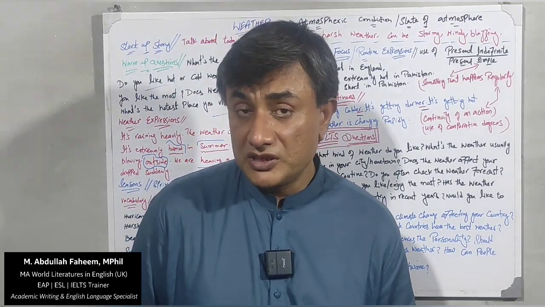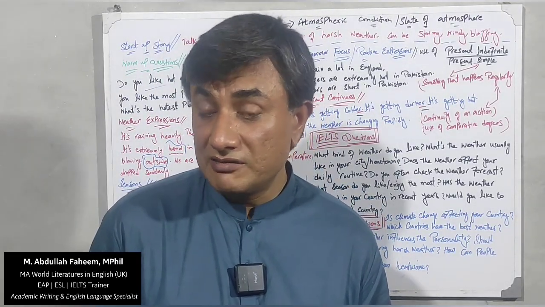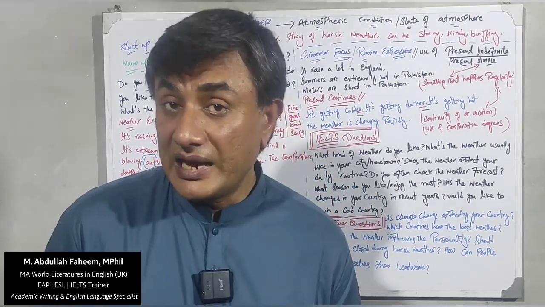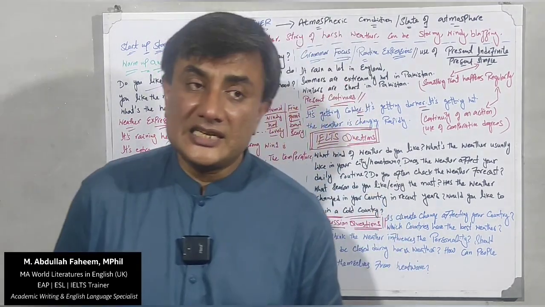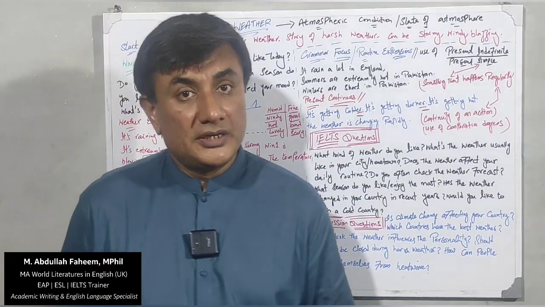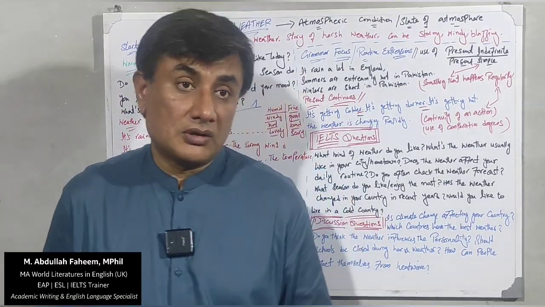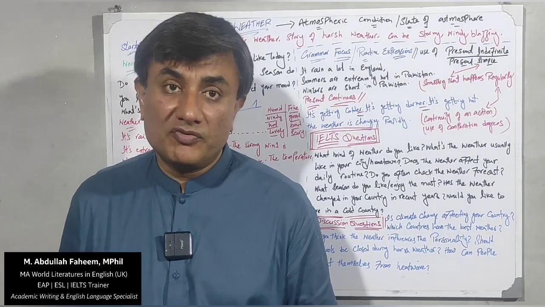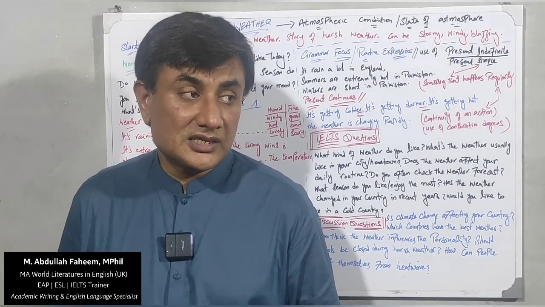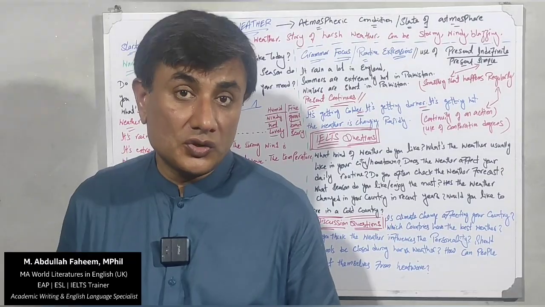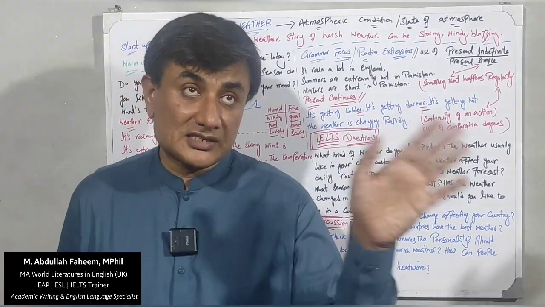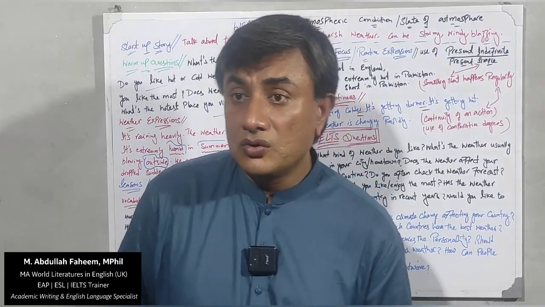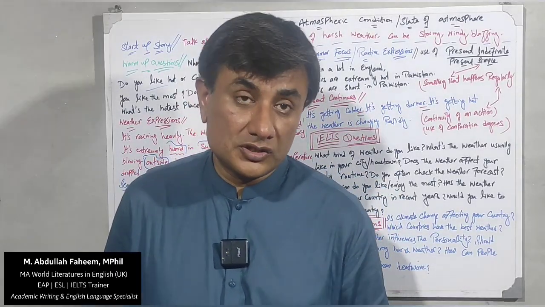But now 49, 50 and 52 degrees is a normal temperature in June, July and August, and even May as well. And secondly, we cannot predict, because hailstones are regular now in Pakistan, because the sky is clear and it suddenly gets dark, and the snow and the hailstones start.